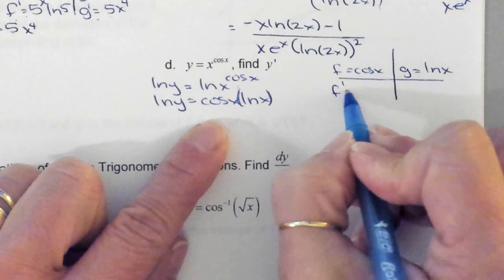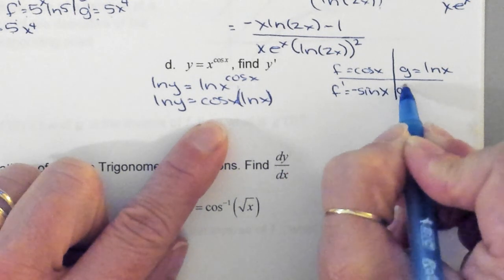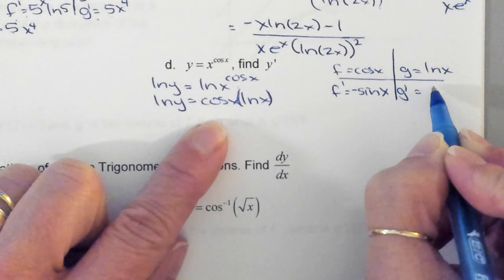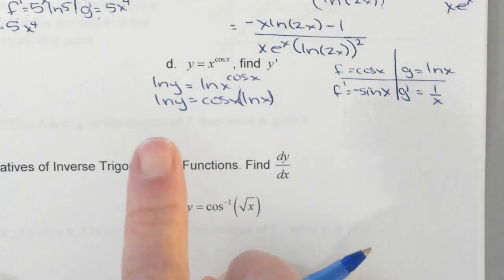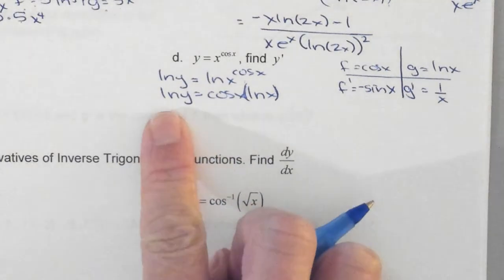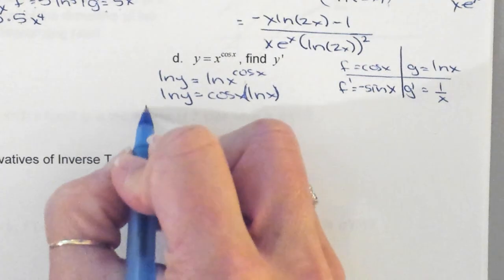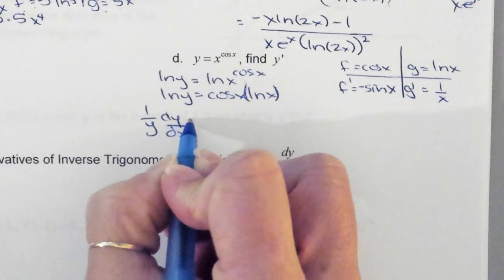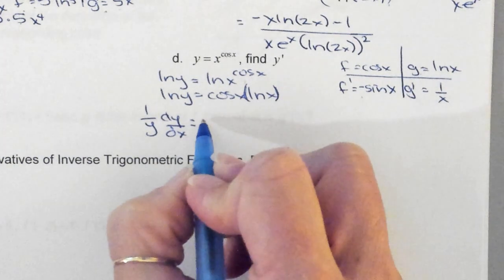Okay, so f prime is negative sine of x, is that true? What's g prime? A little bit louder? Yeah, 1 over x. Okay. So when I take the derivative of the natural log of y, what do I have to make sure that I put next to it? Yeah, dy dx. So we have 1 over y, dy dx is equal to, so this is f prime times g.